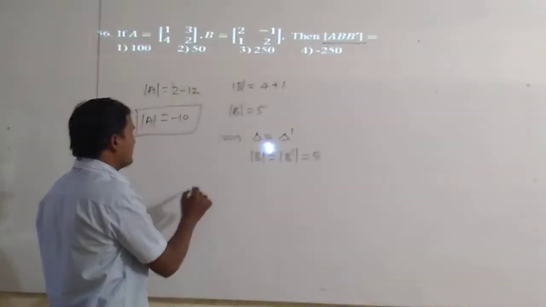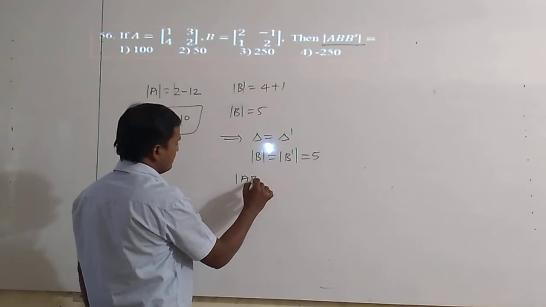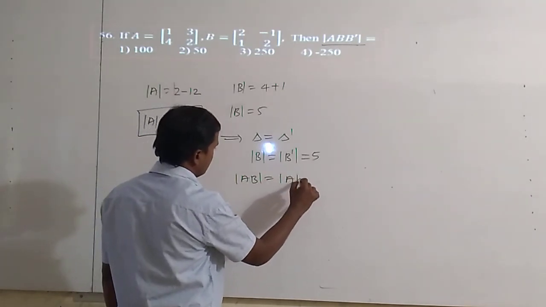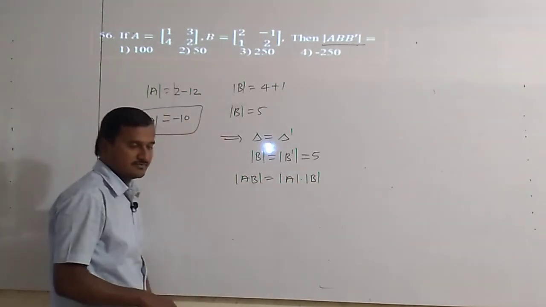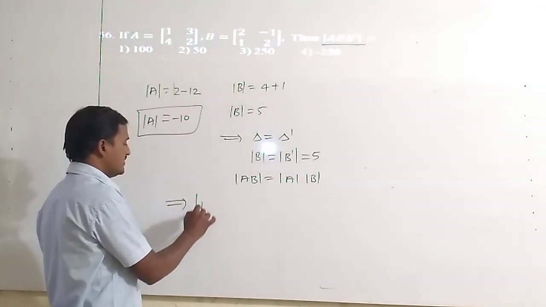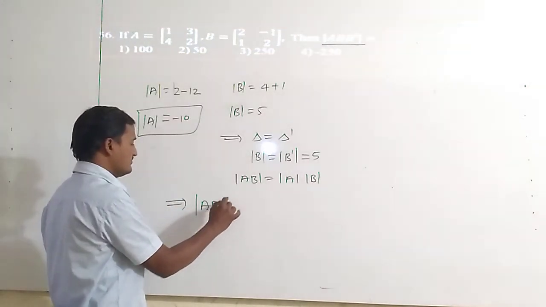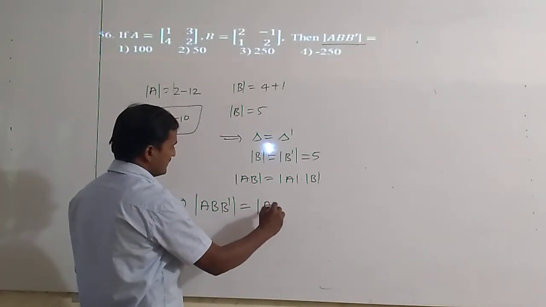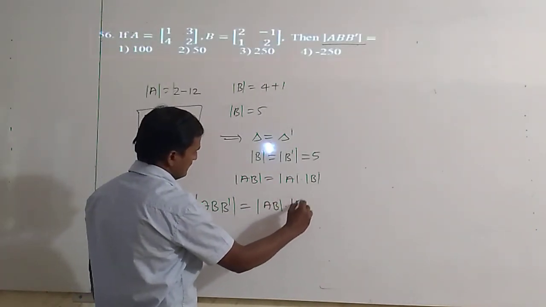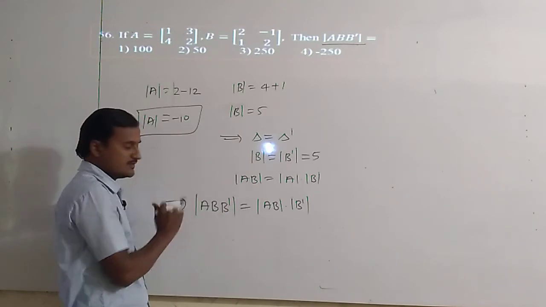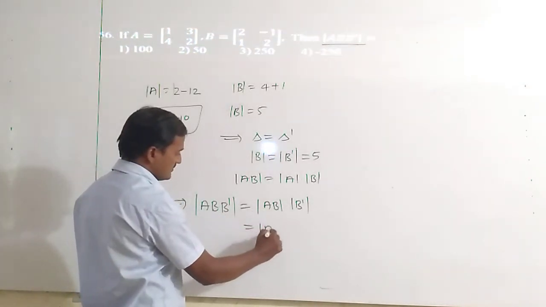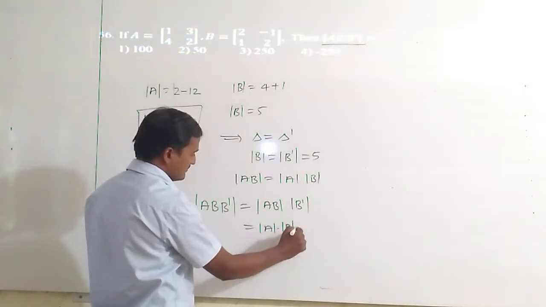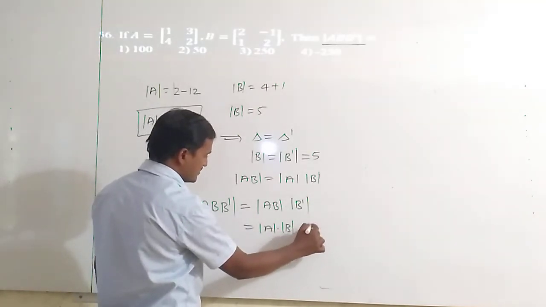Okay, now and also you know that determinant of AB we will write like this: determinant of A into determinant of B, right? So therefore we should find determinant of AB, B dash we should find. So clearly determinant of AB into determinant of B dash, by applying this one, again, determinant of A into determinant of B, and determinant of B dash as it is.